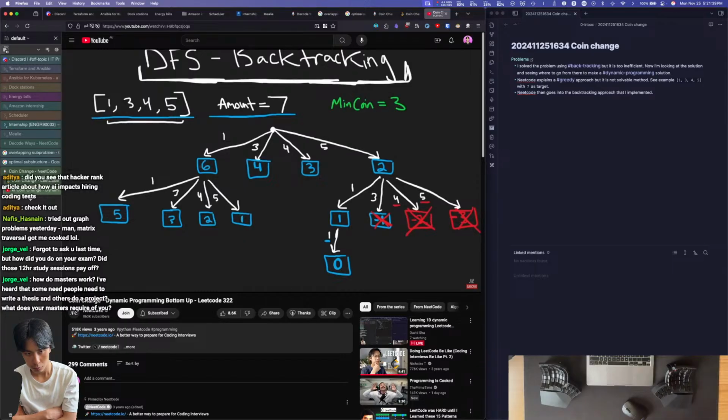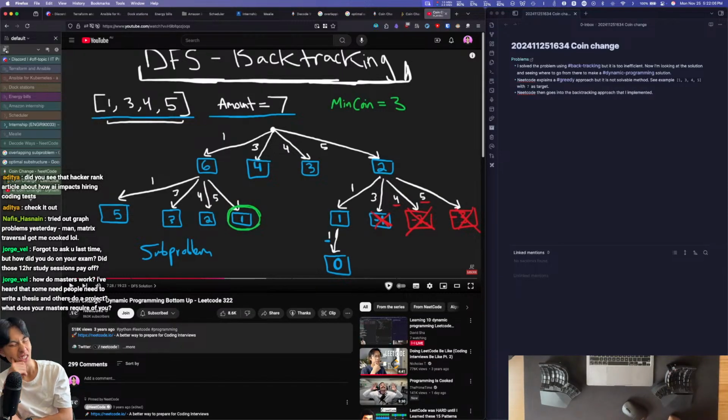Do you kind of see how we're taking the original problem, which is 7, and then breaking it down into sub-problems like 6, and then breaking it down even further into 5? And not only that, we have sub-problems, yes, but do you also see that these sub-problems are repeating themselves? It is repeating itself, right?